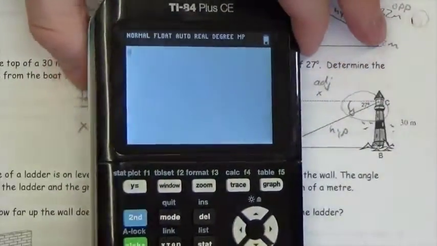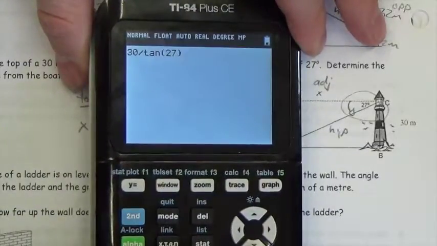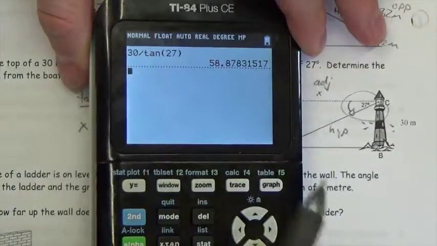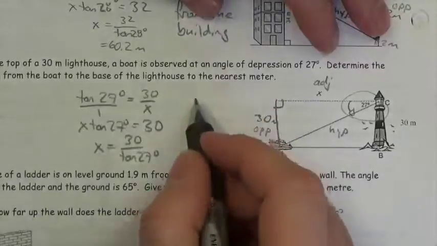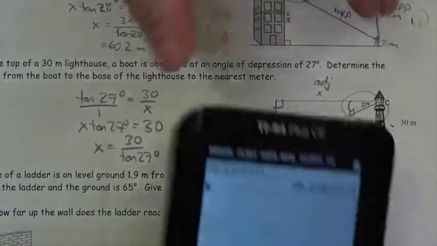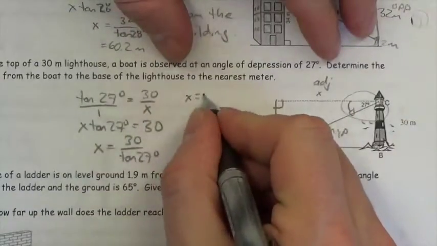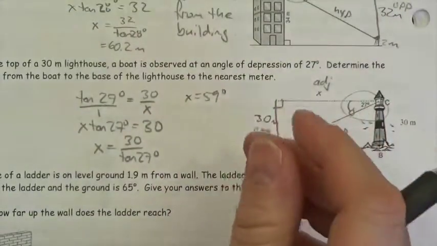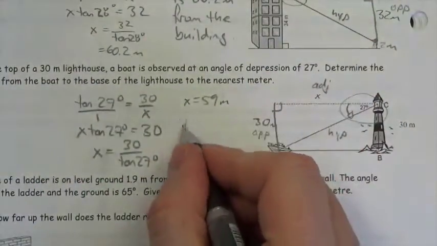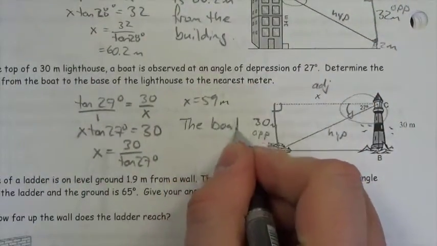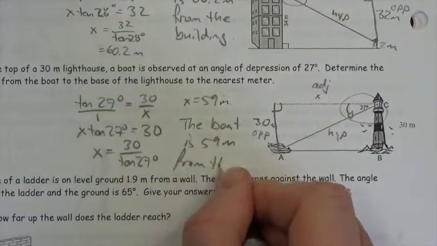And we get 58.9, to the nearest meter. So 59 meters. So x is equal to 59 meters. Not degrees, meters. So the boat is 59 meters from the lighthouse.